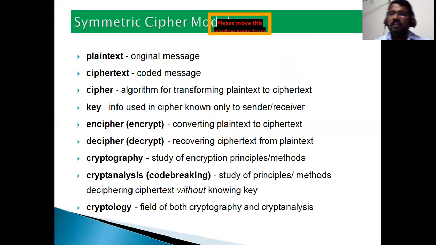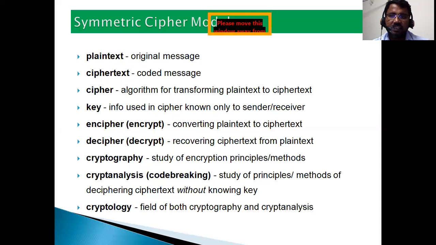Now the definitions for all the keywords available in this model. Plain text is nothing but the original message. Cipher text is the encoded message. Then cipher means the algorithm which is used for transforming the plain text to cipher text. Next we have the key.